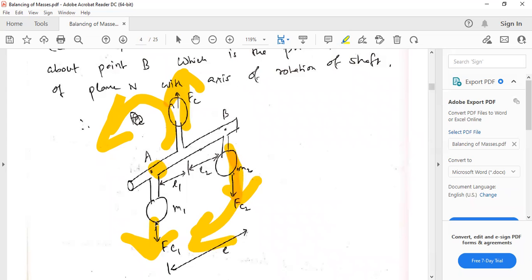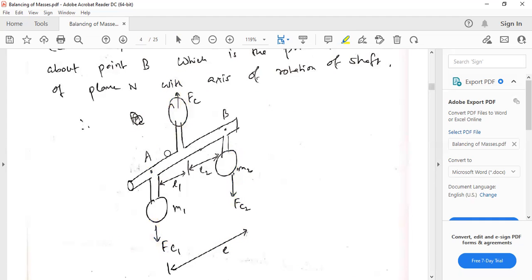This force will not cause a moment because it passes through the point itself. If these two moments are equal, then it will be balanced, otherwise it will swing and whirling will take place. So the moments also have to be balanced, which means we have to take a point about which we find all the moments.